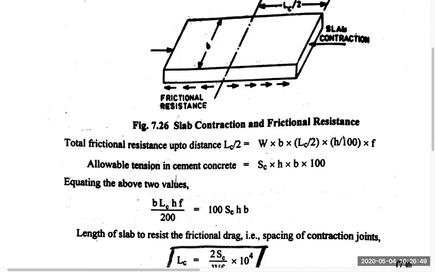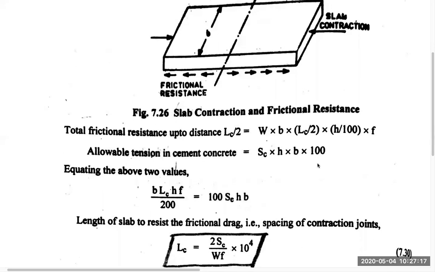They are divided by 100 because this is in centimeters, converted into meters, and F is the coefficient of subgrade resistance, and the maximum value of F that can be obtained is 1.5. That's it. And they also considered the allowable tension in cement concrete, which is given by SC into H into B into 100.